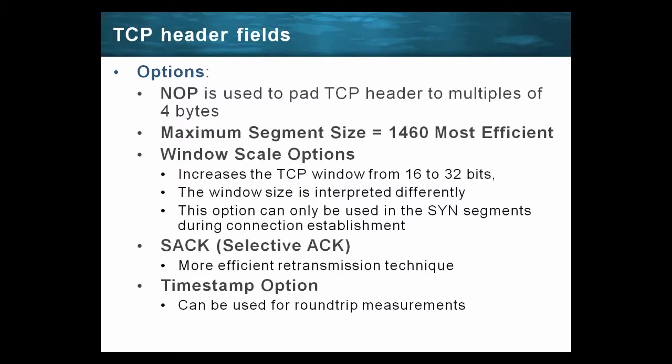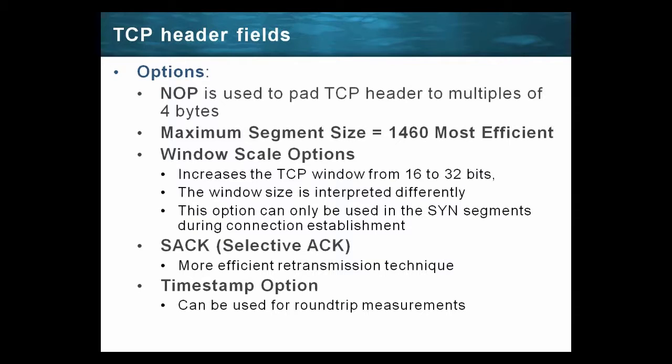Today, with jumbo frames for gigabit Ethernet, 9,000 byte frames, all of a sudden that 64K window becomes relatively small. So with this option, we can now increase the window size to a gigabyte. And you can figure out, if we've got gigabyte windows in play, you can't have that many sessions on your server unless you've got lots and lots of RAM.